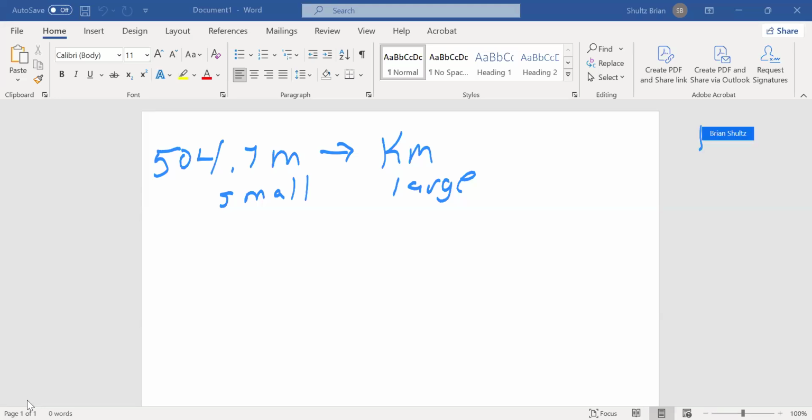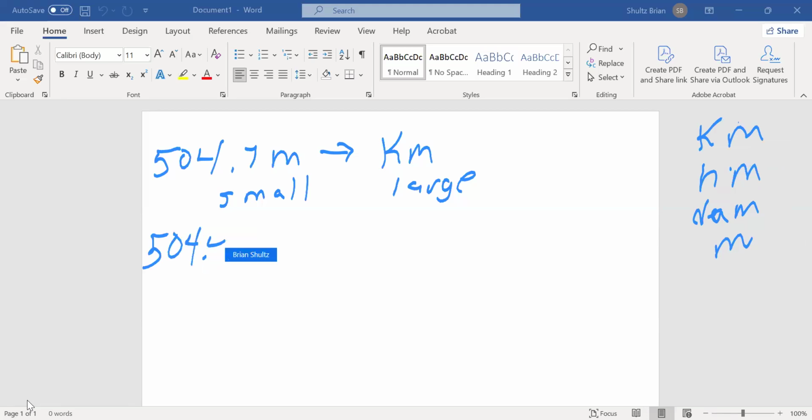So kilometers are here, hectometers, decameters, and meters. To go from meters to kilometers, 1, 2, 3. So I'm going to take 504.7, and I divide by 10, divide by 10, divide by 10.